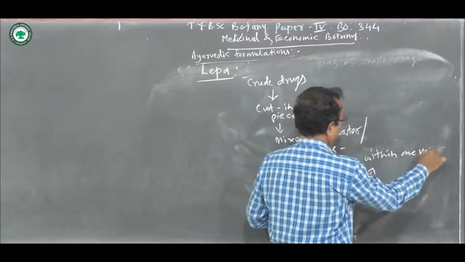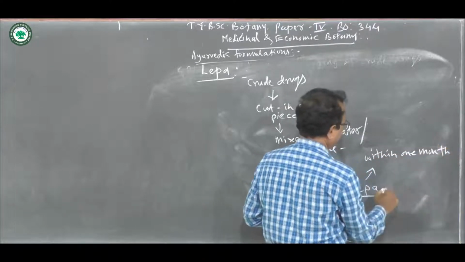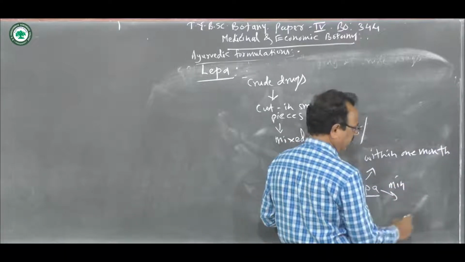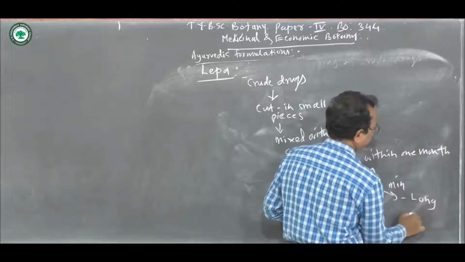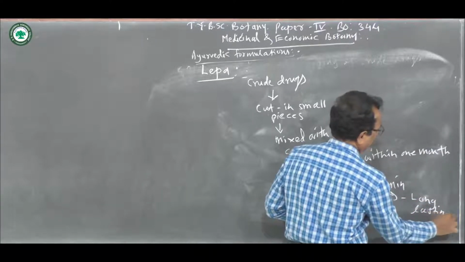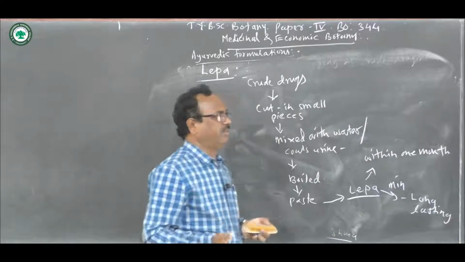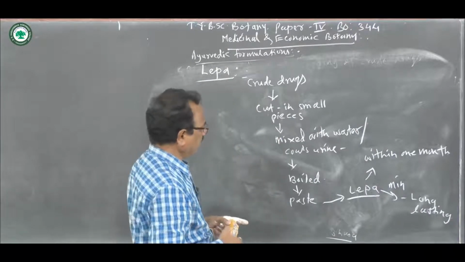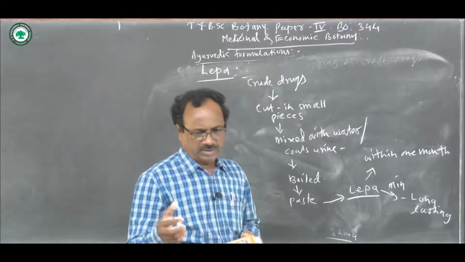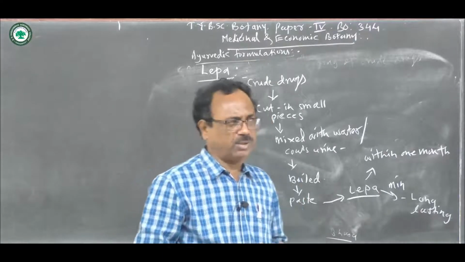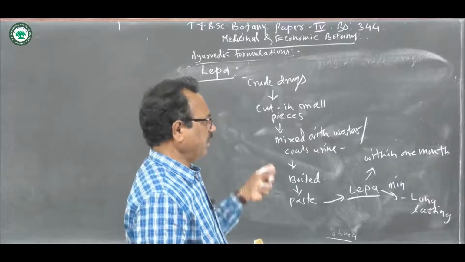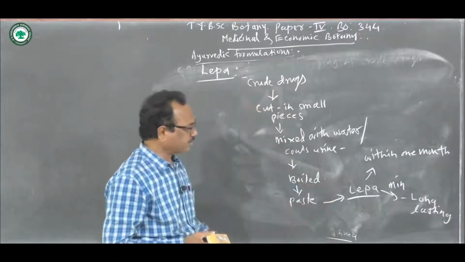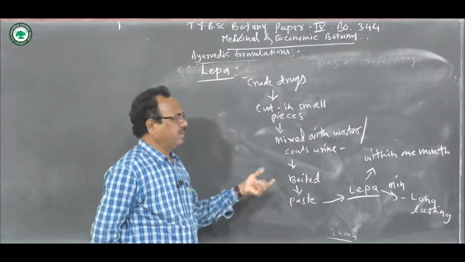If it is from mineral origin, then it is long lasting, so we can use it for a long period of time, but if it is from plant origin, then its potency is only 1 month. So generally these plant laps are used within 1 month.